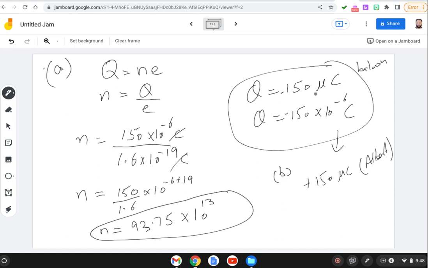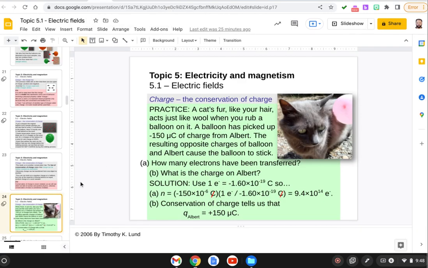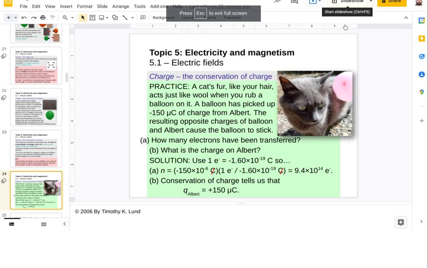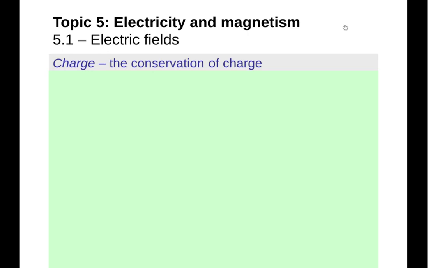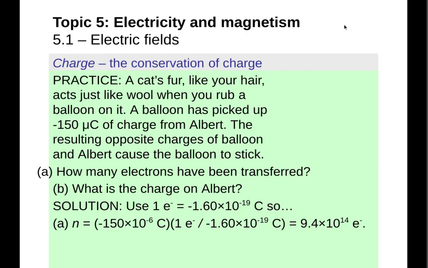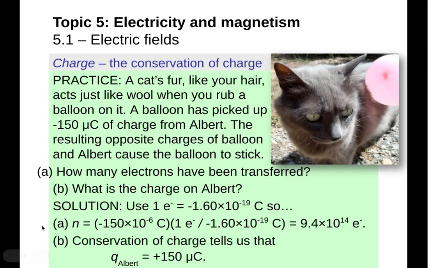Okay. Here is the answer now. I think your answer was 94, they wrote 9.4 and then added 14 here. So it's okay, both answers are correct.